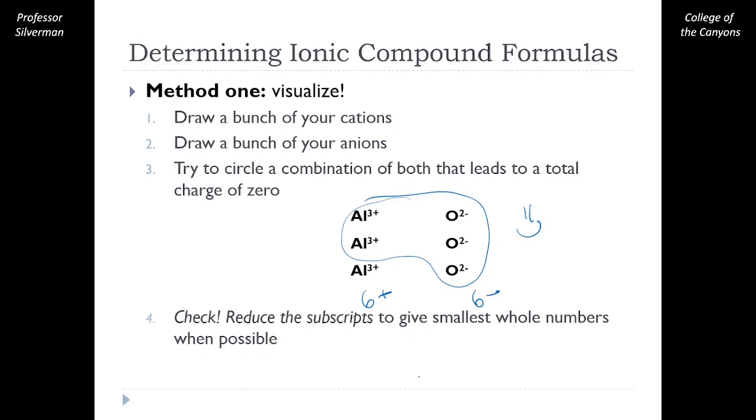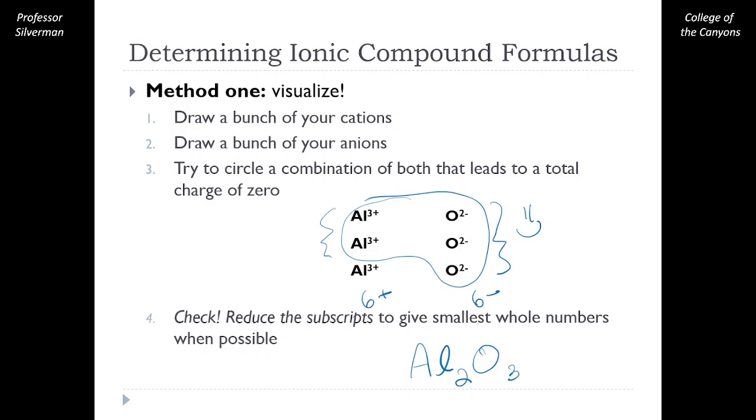We can write out our chemical formula as Al2. That's how many aluminums we needed to scoop up. O3. That's how many oxygens we needed to scoop up. Notice here, when we write ionic compounds, we do not include the charges when we're writing that chemical formula.